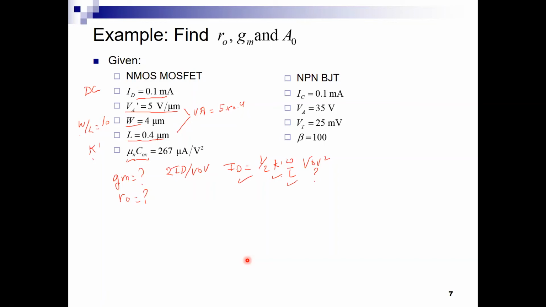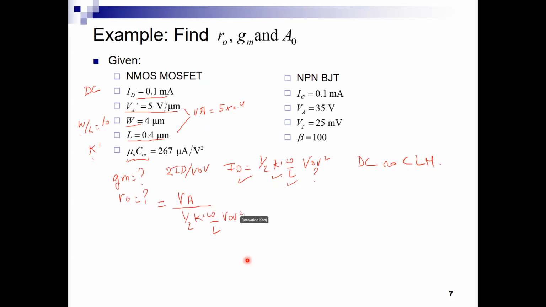Then for RO, they also told me that I can find it as a function of VA over ID with no channel length modulation. Now, since I don't have any information about VGS or VDS, I'm going to assume that the DC is really calculated with no channel length modulation, and that I can use it directly to plug into the AC equation, into the small signal calculations.